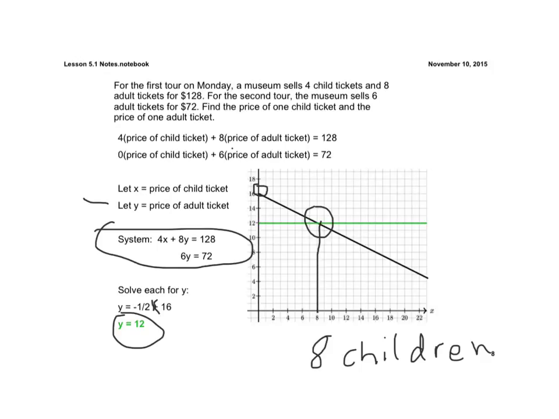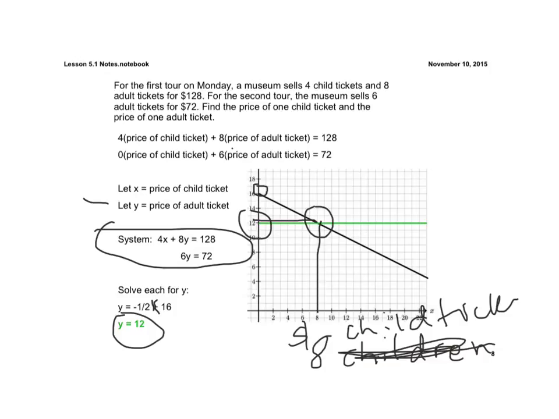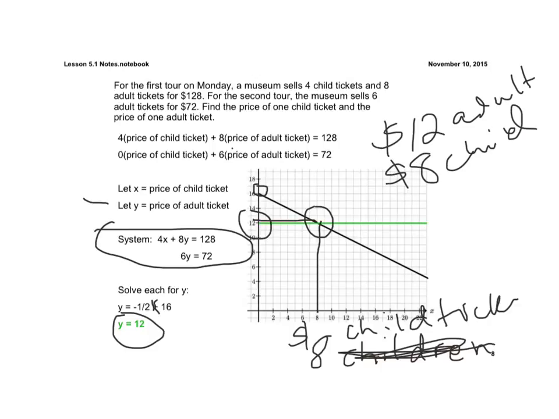Or actually not 8 children's tickets, it's $8 for a child ticket, sorry. And then the price of an adult ticket, which is on the y, is $12. So it's $12 for an adult ticket and $8 for the child. Okay, so there's how we can use the system of equations to solve a practical problem.